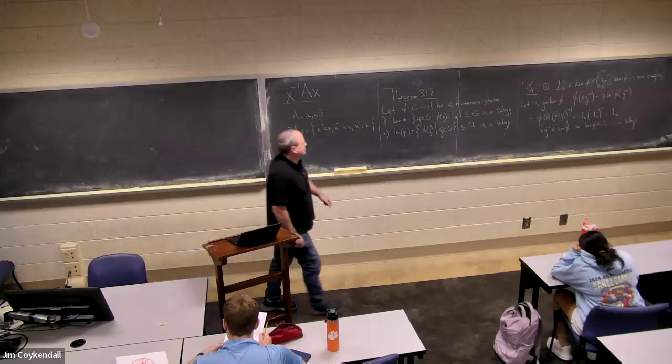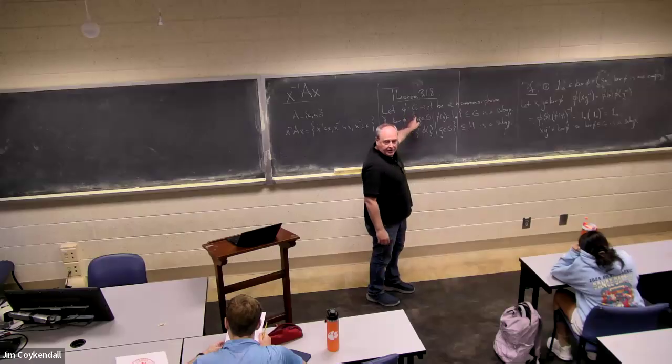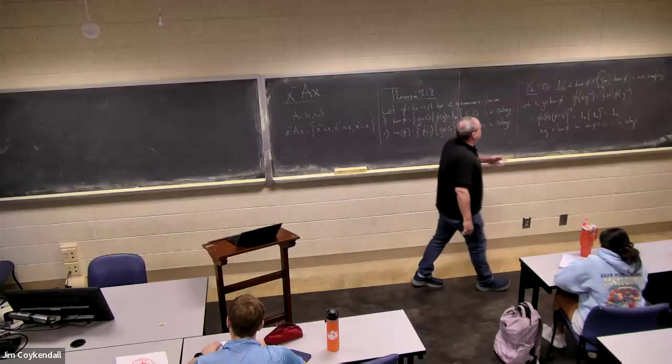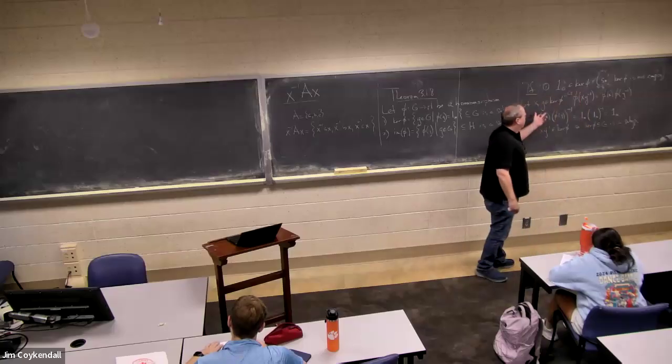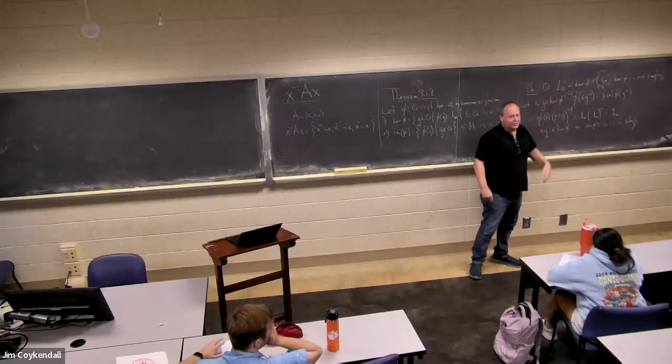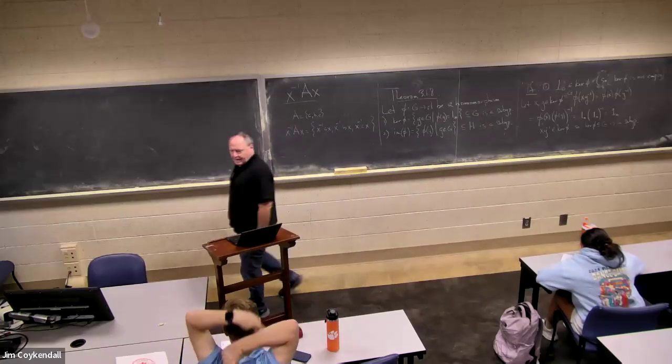I'm not seeing the connection to G. Because the kernel of phi is a subset of G, and all you have to do with the subgroup criteria is take two elements in the kernel of phi, which is a subset of G. If you can prove that x y inverse is in there, it's a subgroup. Okay, okay.